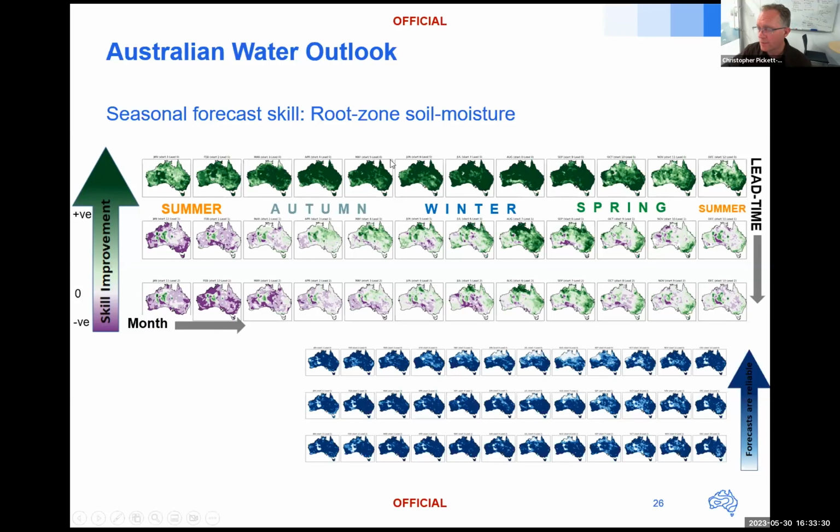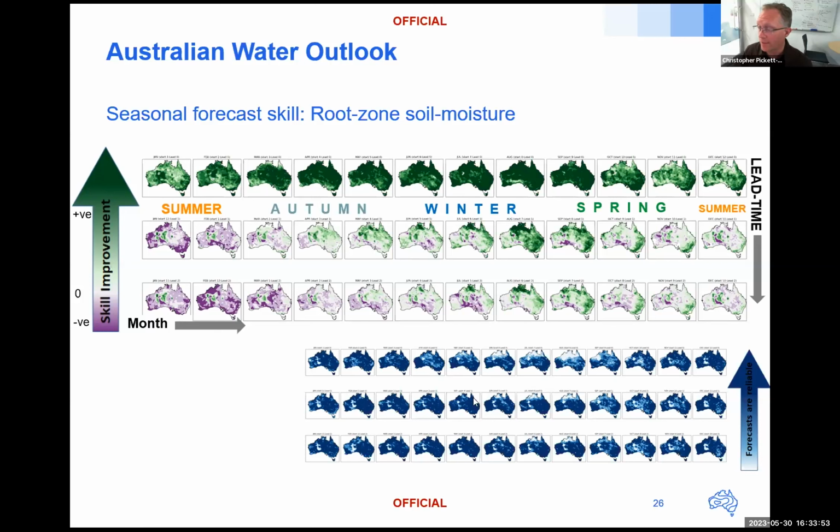Interestingly, with root zone soil moisture, it's been found that the initial states of the land surface model actually have a pretty big impact on your forecast skill, as opposed to the climate forcing. And just showing you on the bottom, in blue, it's showing whether the forecast is reliable.